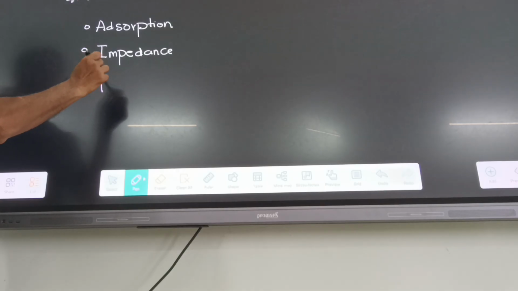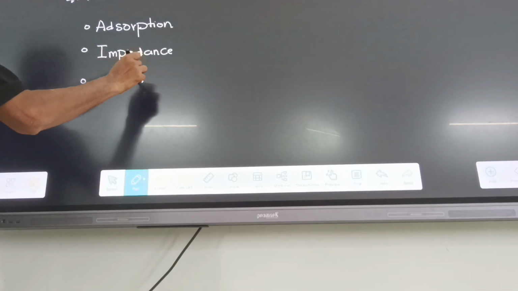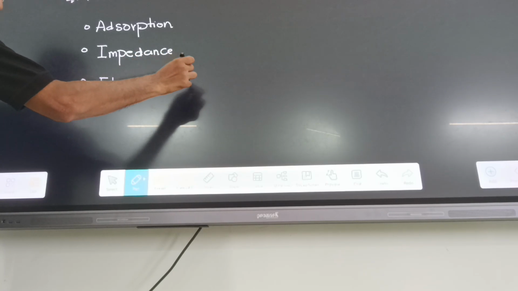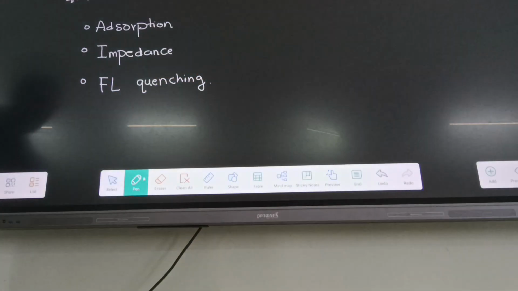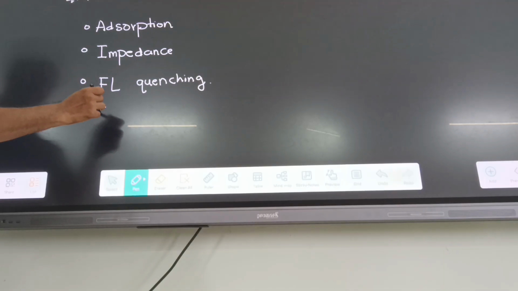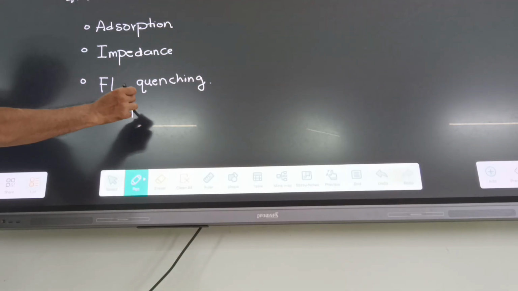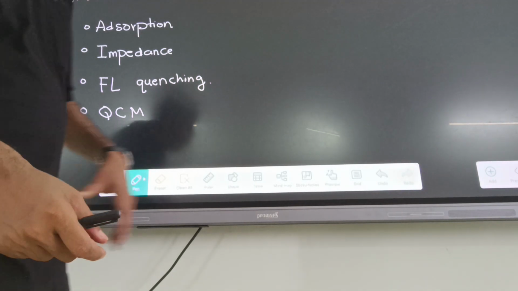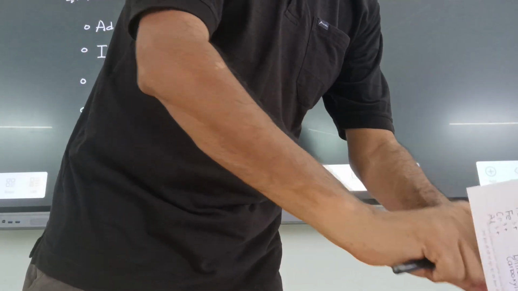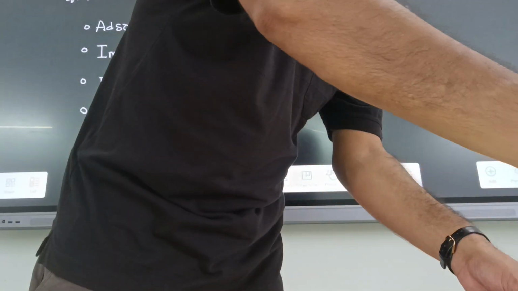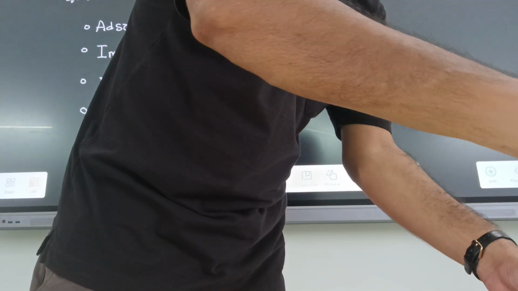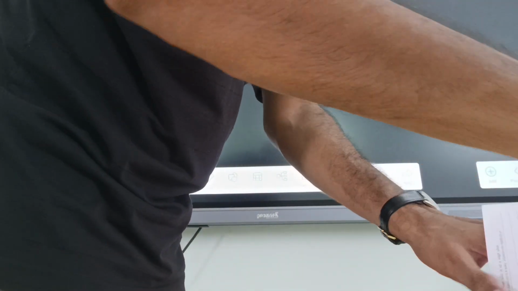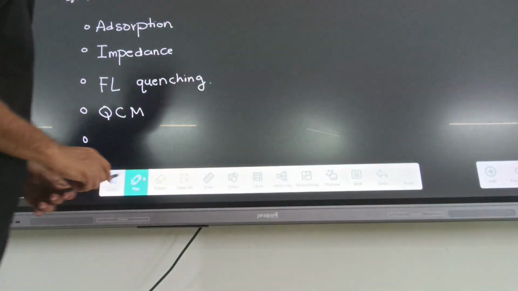There is something called FL quenching. There is something called QCM, or photo induction.